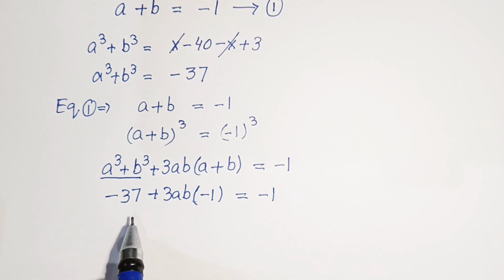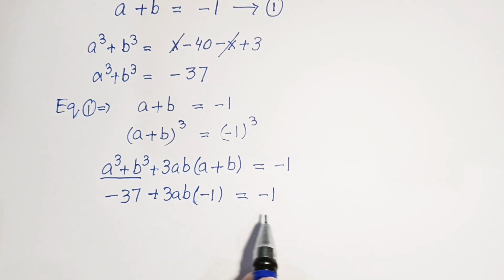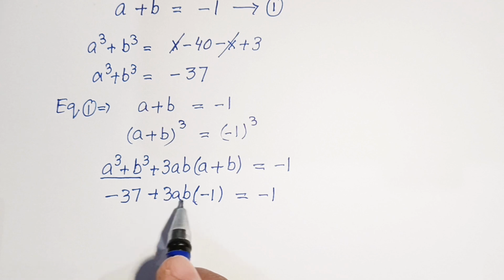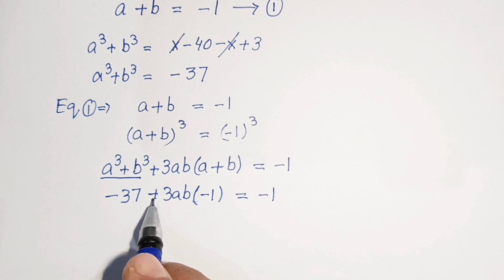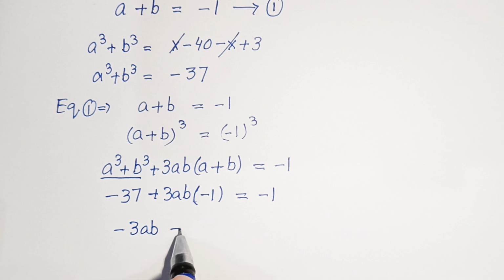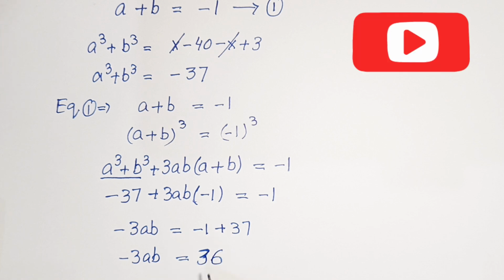Now shifting this minus 37 to the right hand side, we get minus 3 times a times b is equal to minus 1 plus 37. So minus 3 times a times b is equal to plus 36.